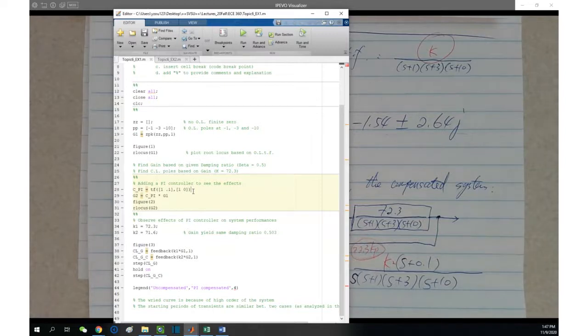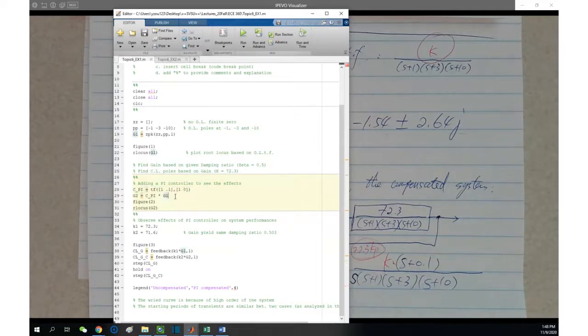We do have it. Good. And then to plot this root locus, first I'm defining the PI controller itself. Does this make sense? Numerator is s plus 0.1. Denominator is s. This is how I define them.